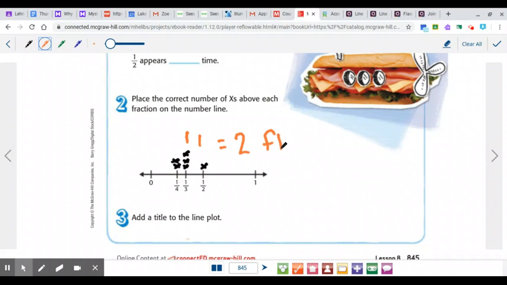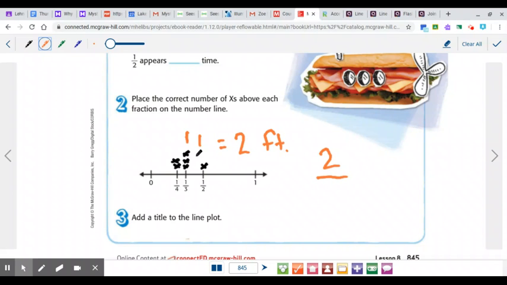Okay. Now, just to get a little more complicated, and this is not going to be on the quizzes part. This total part is, but this other thing I'm showing you is called fair share. It's not on quizzes, but it's something interesting for you to know. If I have 2 total feet of sandwiches, that's going to be my numerator, and my denominator is going to be how many people shared it.